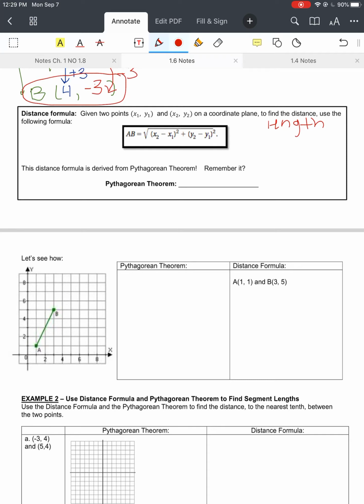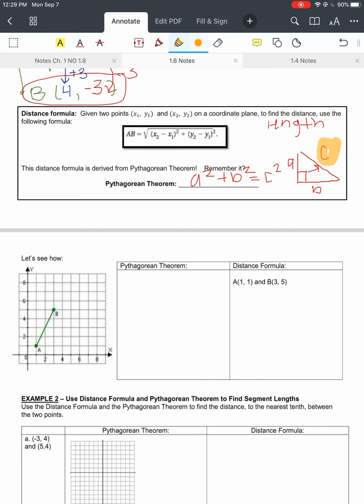The distance formula is actually derived from the Pythagorean theorem. You might not remember it, but it is a squared plus b squared equals c squared, where given a right triangle, a and b are your sides, and c is opposite the 90 degree angle, and that's called the hypotenuse. Doing the distance formula, we would be finding c.